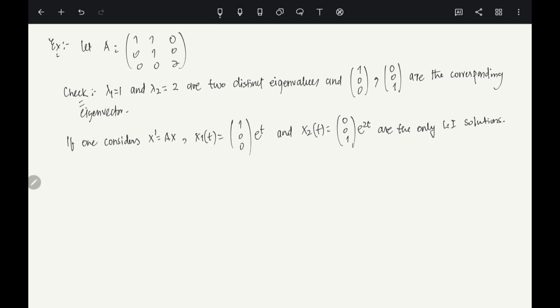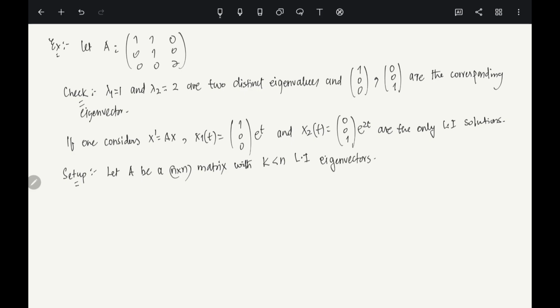Let me put it this way. So the setup: let A be an n cross n matrix with k less than n linearly independent eigenvectors.